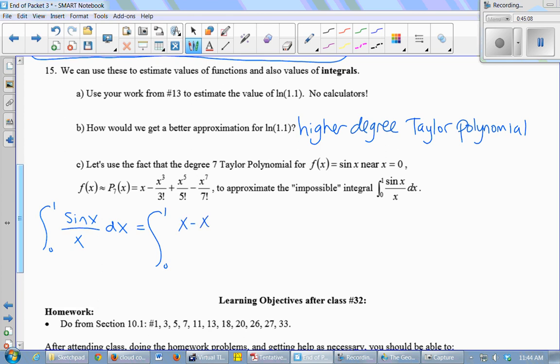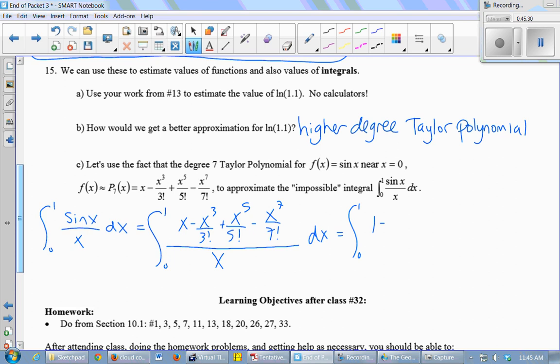So I'm going to have x minus x cubed over 3 factorial plus x to the 5th over 5 factorial minus x to the 7th over 7 factorial, all over x. So an approximation for sine of x over x. I can divide that x into every term.